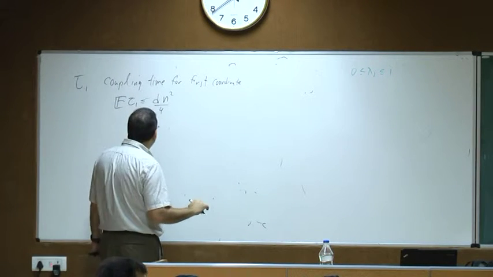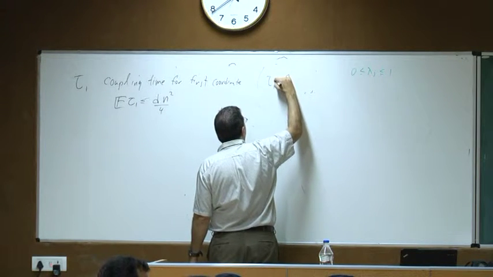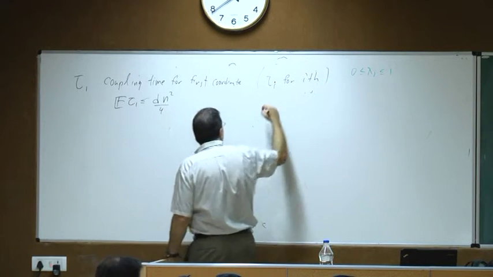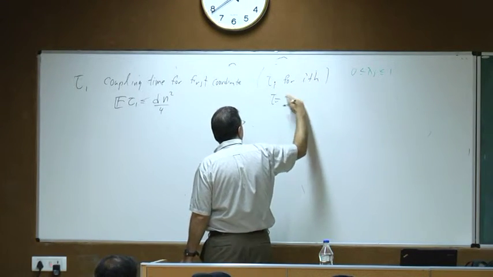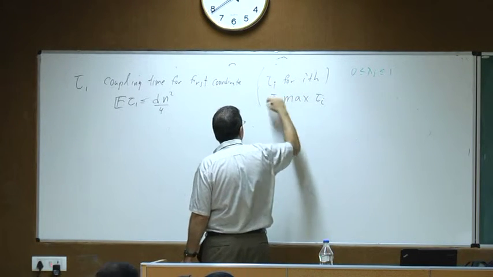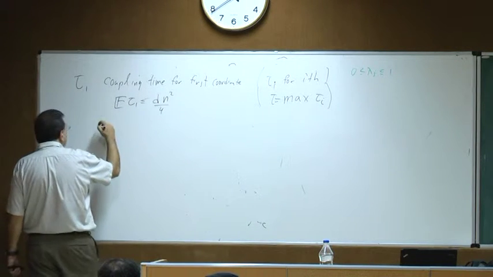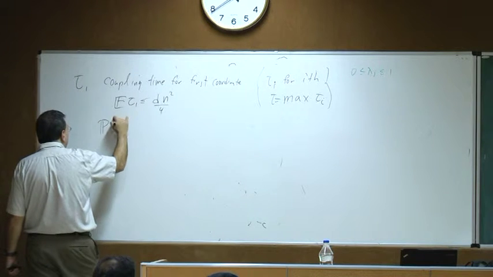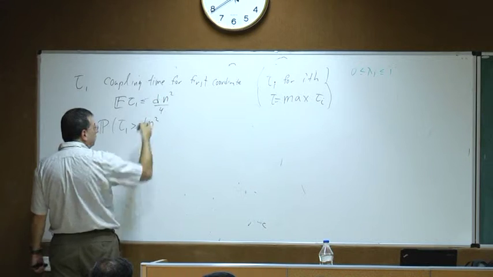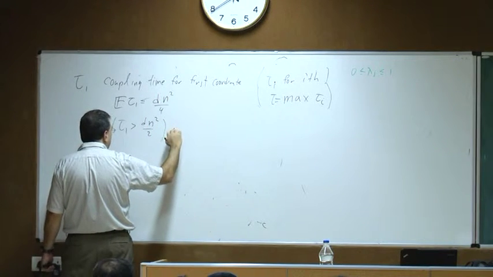So similarly, we could define tau i for the ith coordinate, and then tau, our coupling time, is just the maximum of these tau i. Now, the probability that tau i is bigger than dn squared over 2, which is twice the expectation, is at most a half.